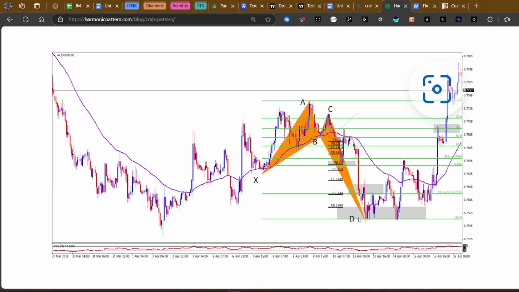You should be looking for your reversal around point D.